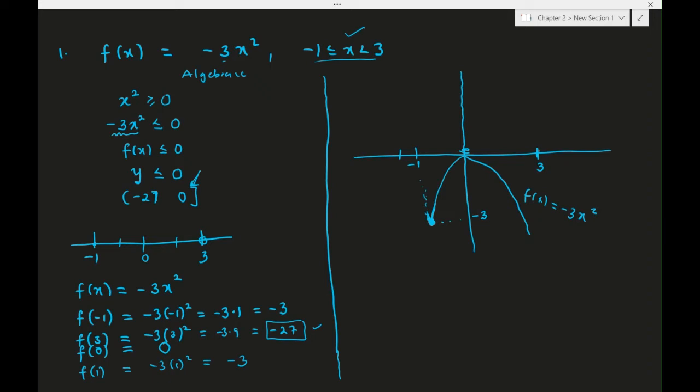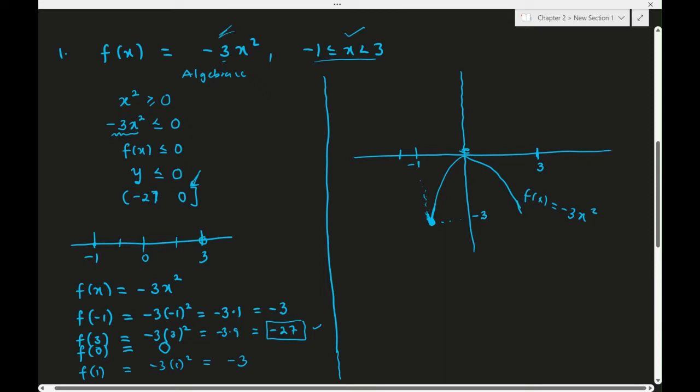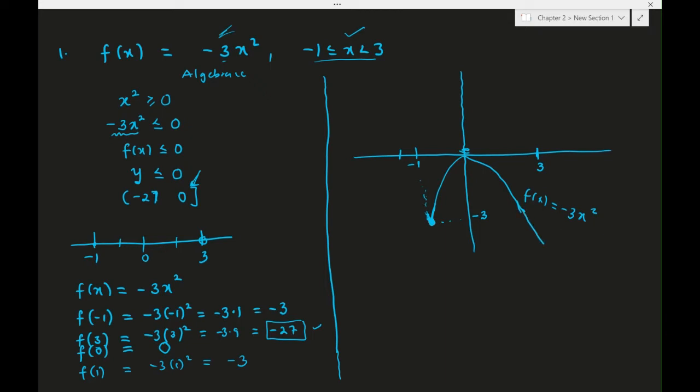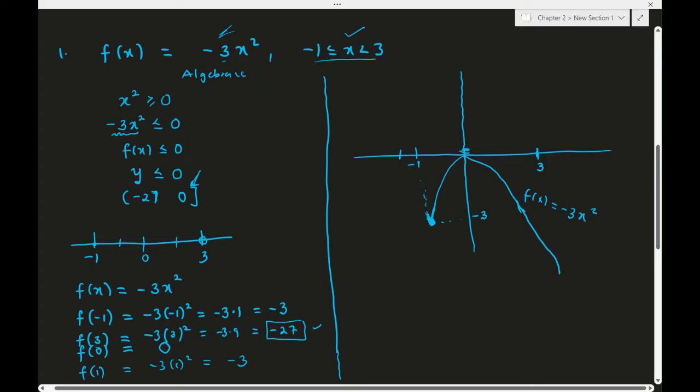The same way, we have to get this one. This is 3. If you substitute 3 into the function, you'll get minus 27. So this one will extend a little bit further. Let me just do it this way, right?